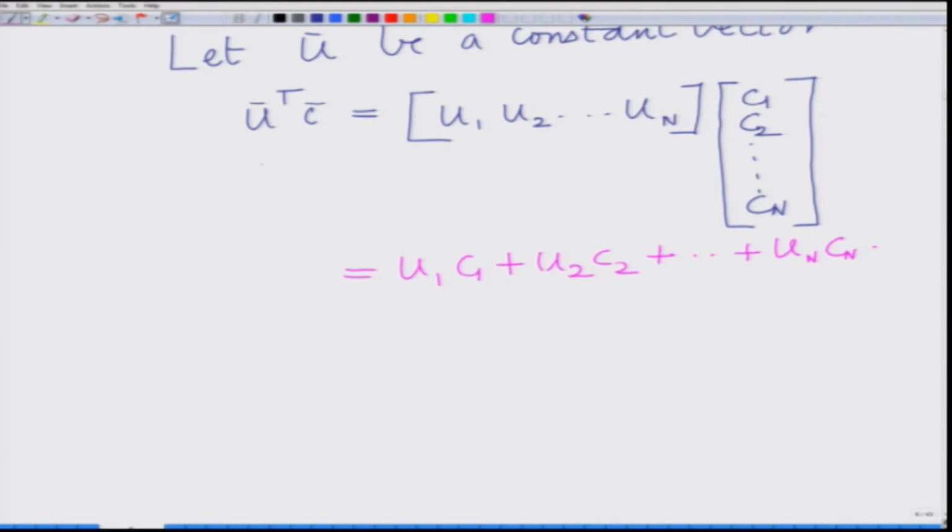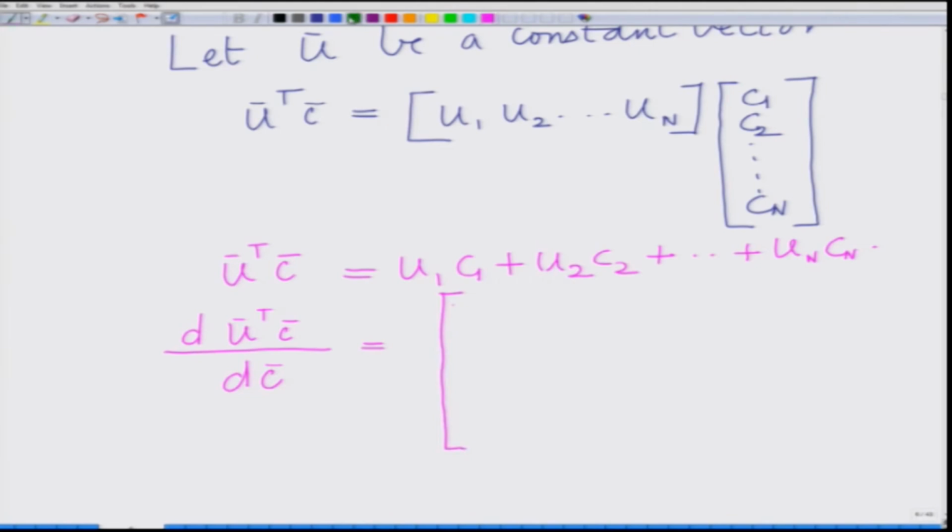Okay, we already said this u bar is a constant vector. So, this is my u bar transpose C bar. Hence, we want the derivative of this quantity, u bar transpose C bar, with respect to the vector C bar.